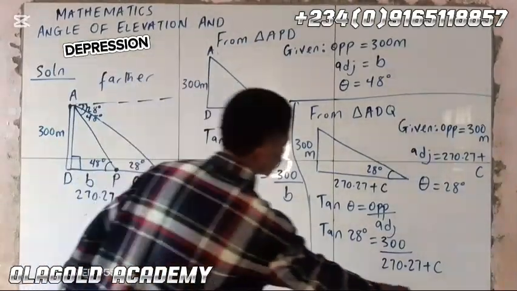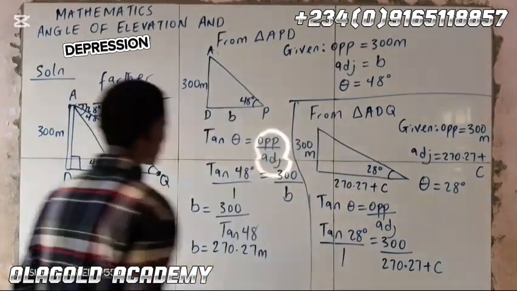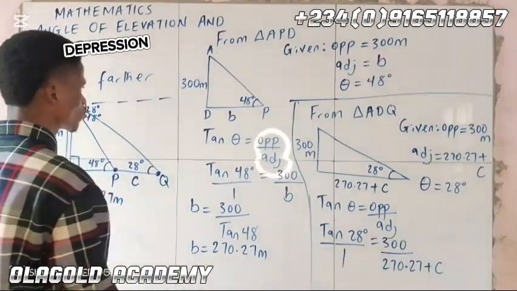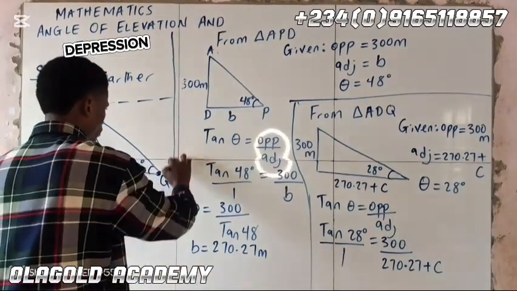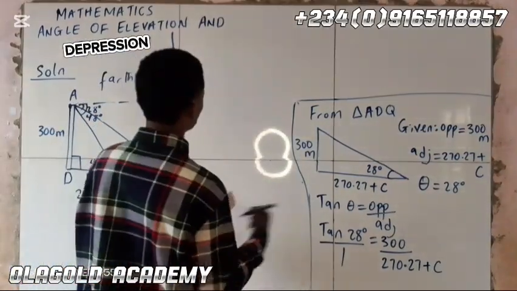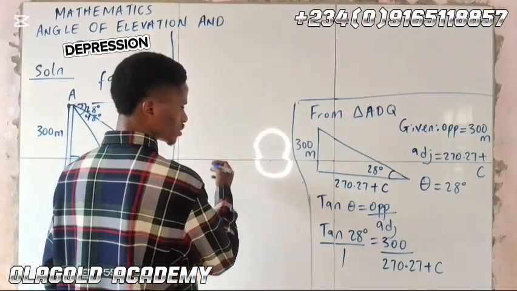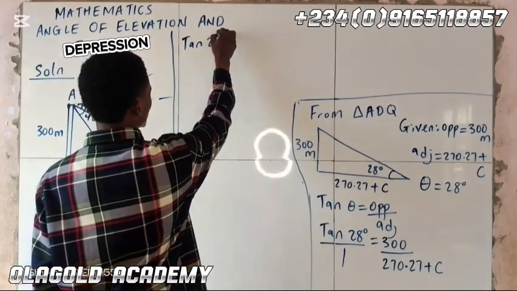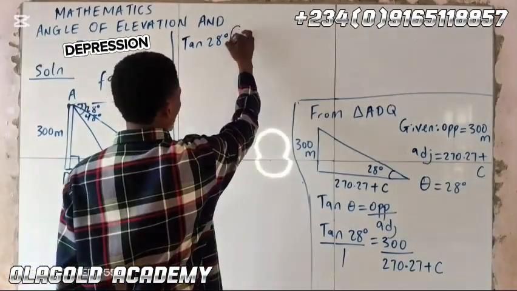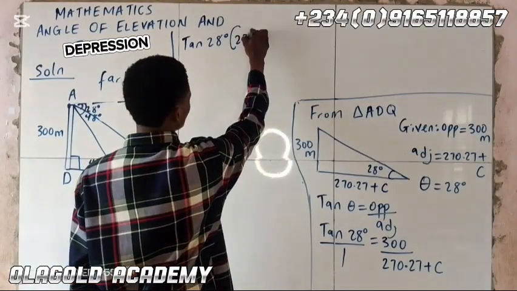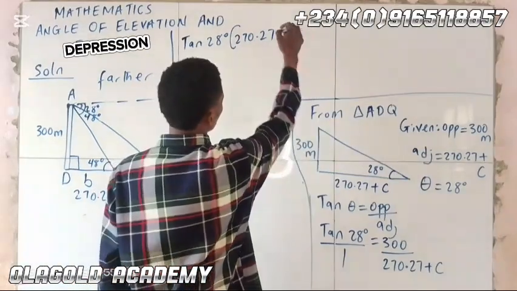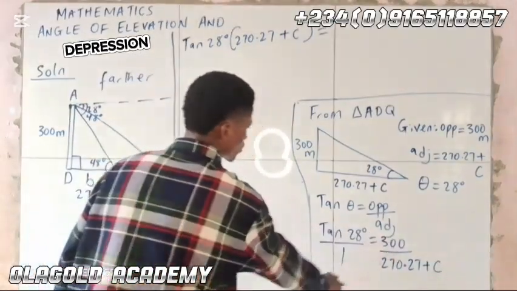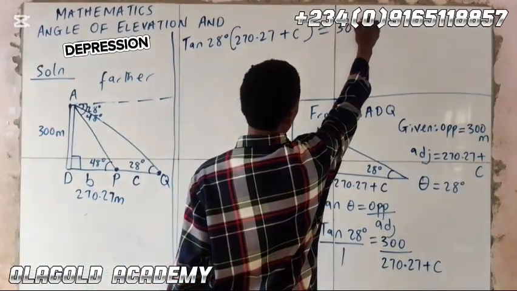From here I can easily get my distance. Let me take this side off and continue with the calculation. So we have tan 28 degrees multiplied by 270.27 plus c equal to 300.